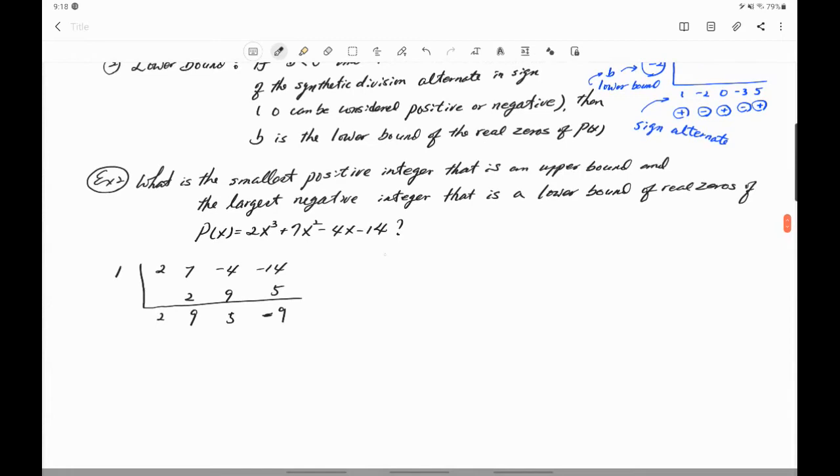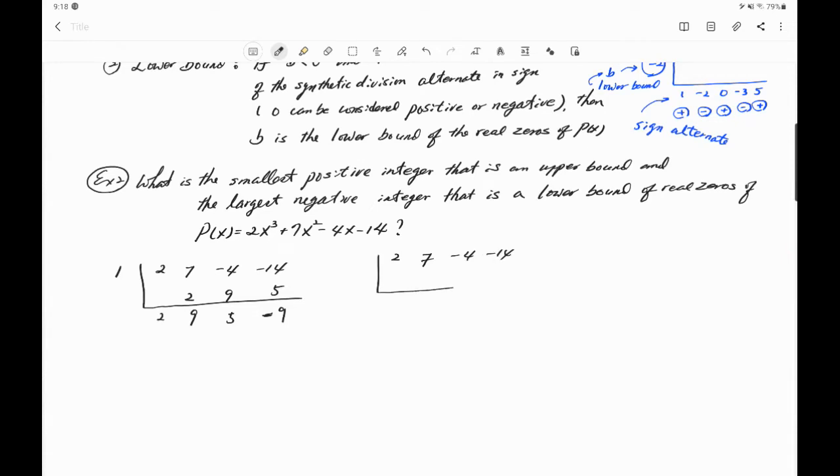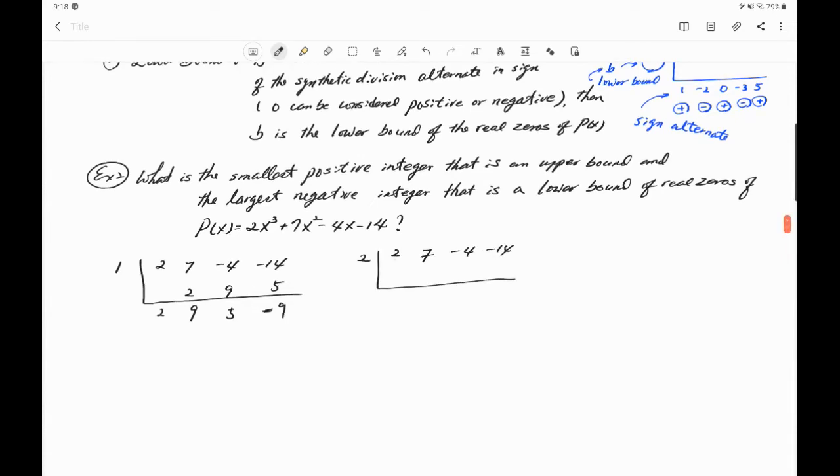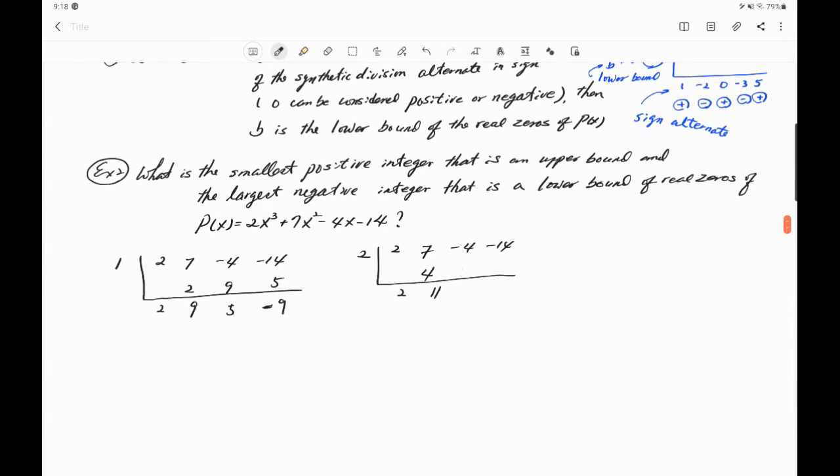So let's try 2. Okay, 2, 7, negative 4, and negative 14. Bring 2 down, 2 times 2 is 4, add to 7, 11, and then multiply by 2 is 22, add it, 18, 36, and then 12. Look at this.